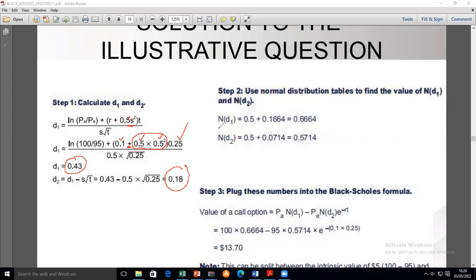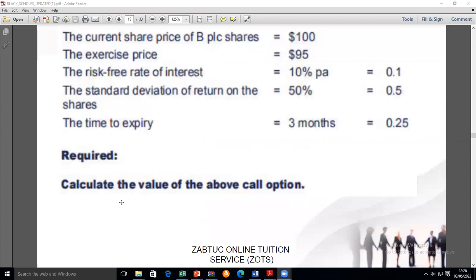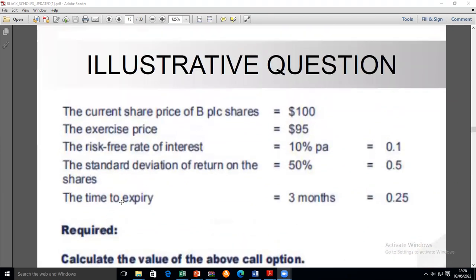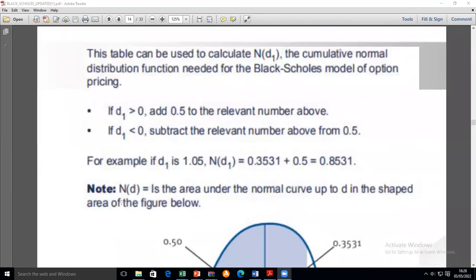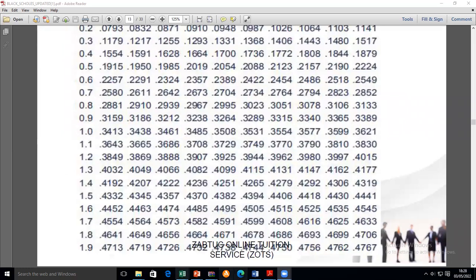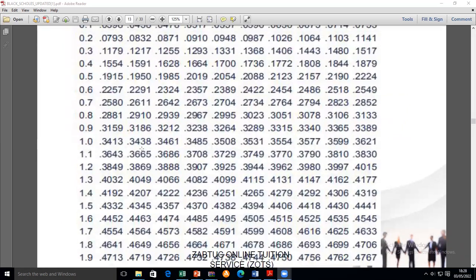Now your formula understands ND1. So how do you get ND1? You go to your normal curve and look at the area covered by D1. So where is our area covered by D1? So D1 is here, 0.43.